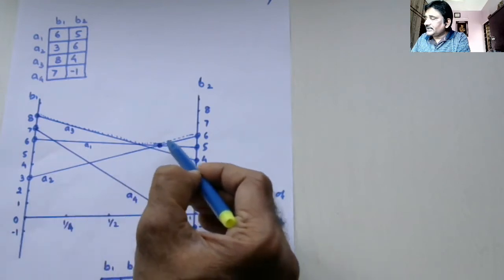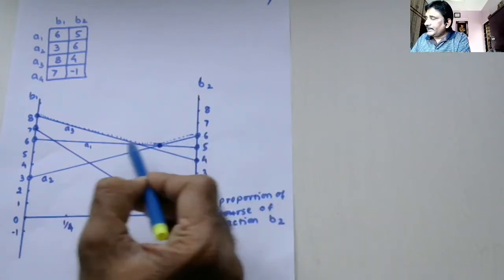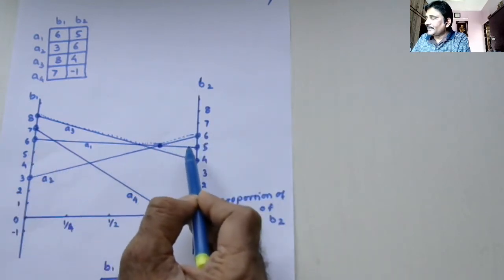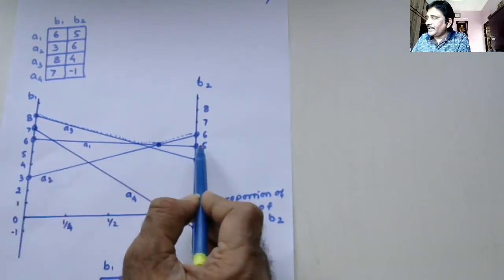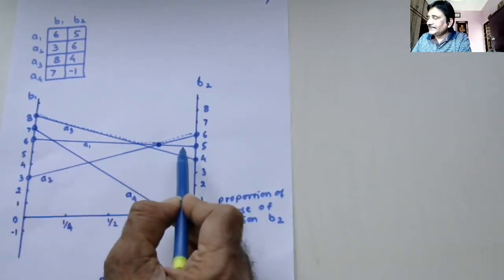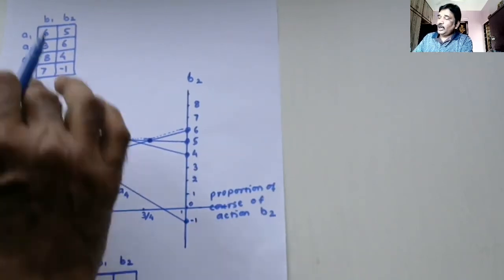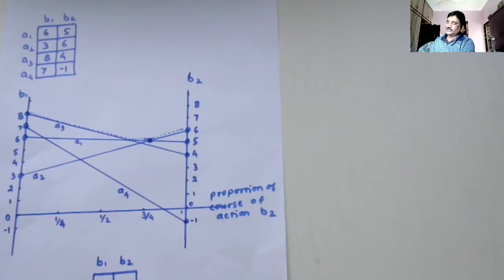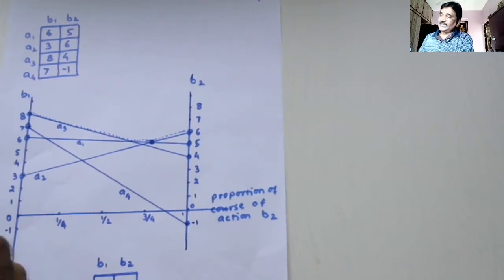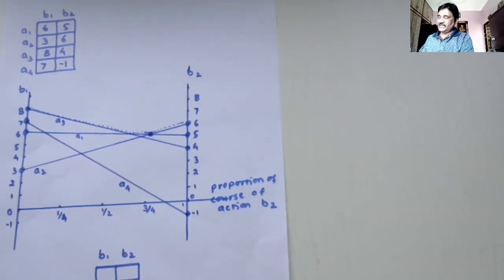One amongst that is A2 and another is A1. This line is A1 and this is A2. So among these three courses of action, which two will be selected: A1 and A2? In a nutshell, I will be telling you after plotting this graph and indicating all the lines.